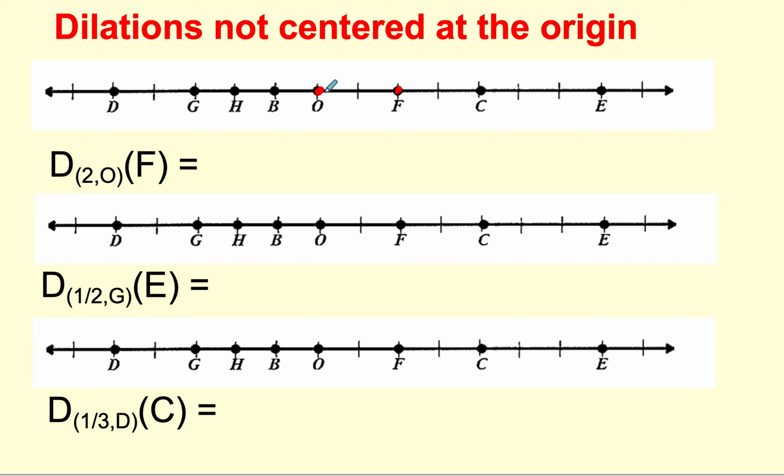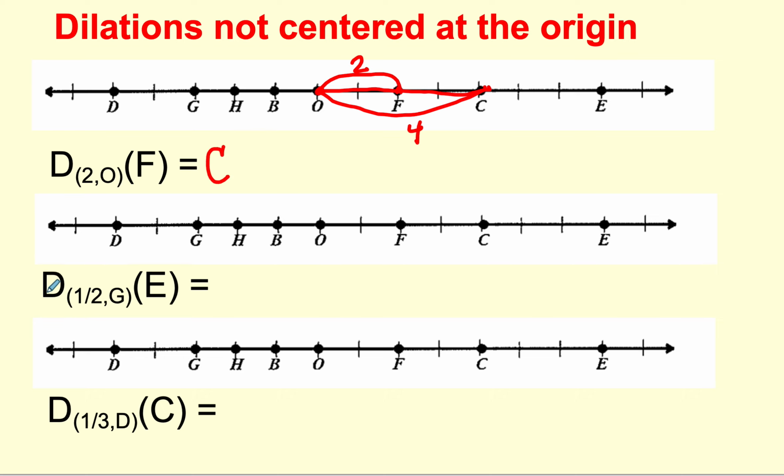We want to move it out, away from O, and we want to move it out twice as much. Well, F is already 2 units, so we want to do a scale factor of 2, so that means 2 times 2 is 4. We want to move it out 4 units. So F is getting moved out twice as much, and so the answer is C.